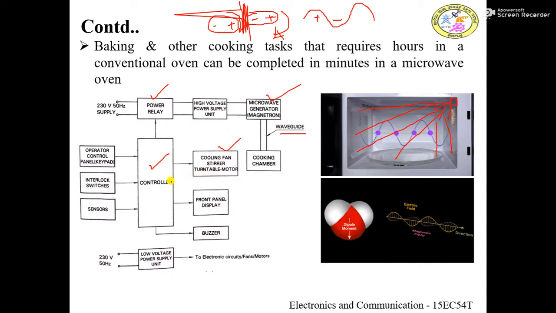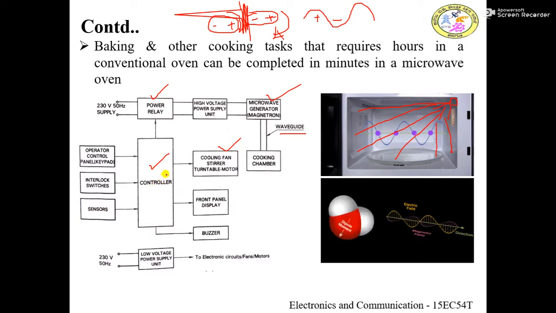With the help of sensors, it reads the information about the environment inside the cooking chamber, and it takes the necessary action, like turning off the magnetron or microwave generator, or increasing or decreasing the power level to the microwave generator. All these things are decided by the controller by reading the sensor values.